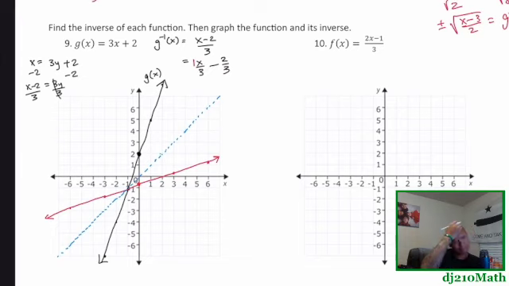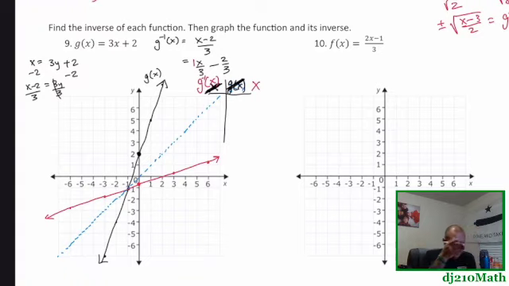Do I want to go more in depth on that? One thing to note: if you have an x and a g of x table, whatever your x's are and your y's, when you swap the columns, to make this g of x and this x, then this is really the inverse.